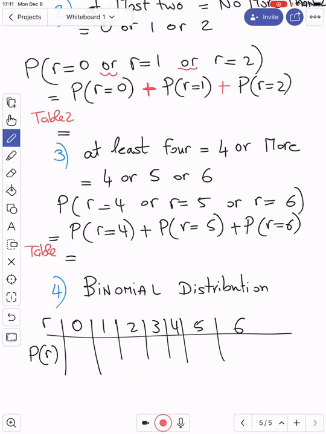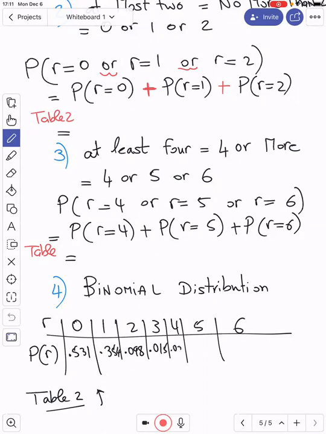Okay, so then you can just use the table number 2. So for example, for R0, this is point, I think 531. This is 0.354, 0.098, 0.015.